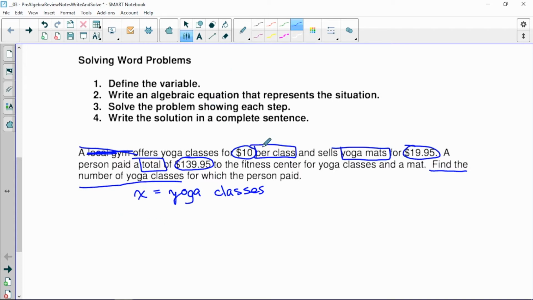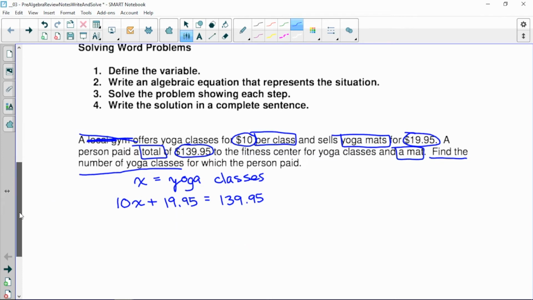The number of classes, $10 per class, means I'm doing 10 times the number of classes. And here we know, well, I guess I should have boxed a mat. They bought a mat, one mat. So they bought something for $19.95, for a grand total of $139.95. Total is generally by itself.